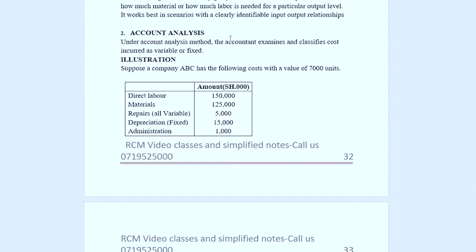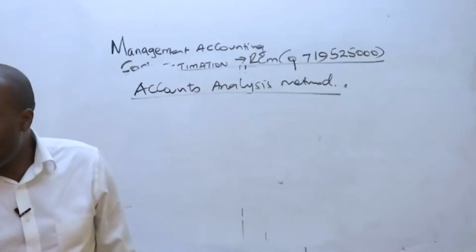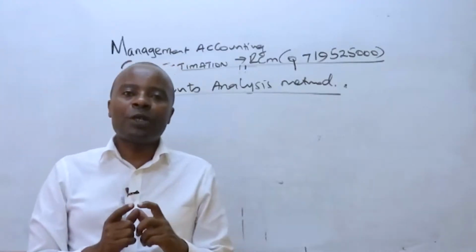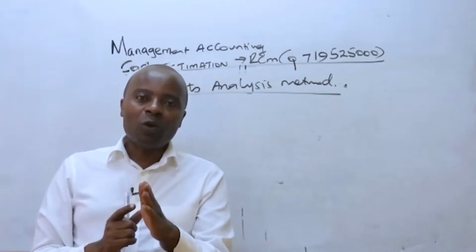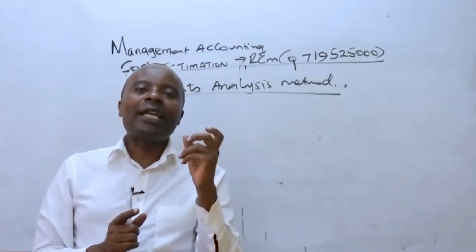Under the accounts analysis method, I will be looking at each account and doing a cost classification. I'll be looking at each cost account, ladies and gentlemen, and of course partitioning the cost account into the variable component and the fixed component.